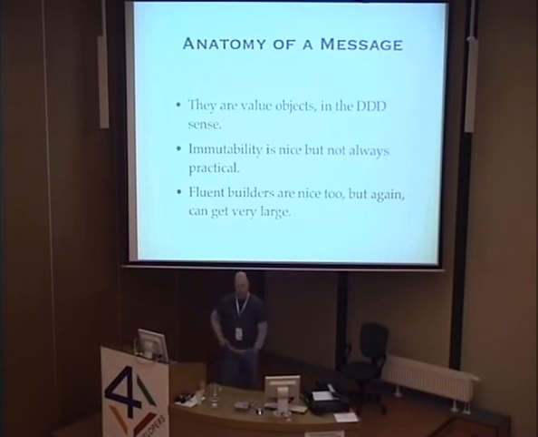Now that causes a little bit of a problem, and there are some tricks you have to use to get around it because of serialization. Serialization likes property getters and setters, and that kind of screws up your ability to do immutability. But there are ways.